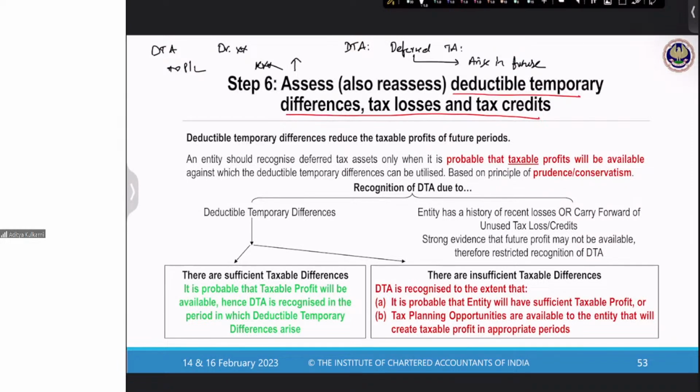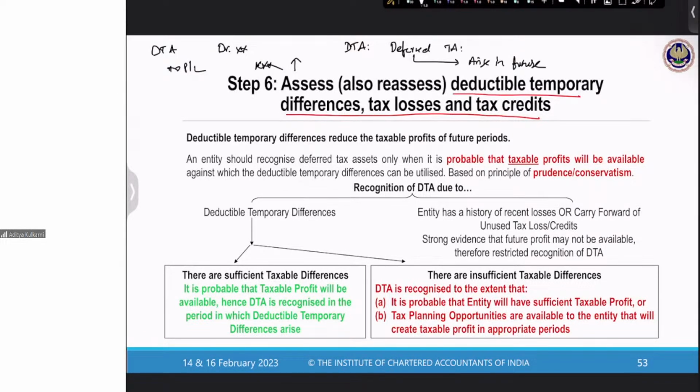So when I add it back, essentially today I'm paying a higher tax in the hope that in the future lower tax will be paid, because gratuity will be allowed as an expense. So today I'm having a deferred tax asset because of this gratuity. In the future, I will pay this gratuity. Yes.